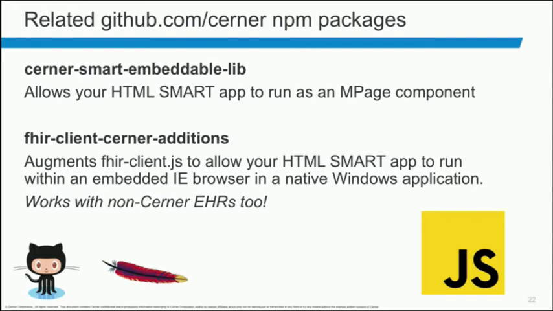The other good news is that dropping this library in doesn't harm your application at all. So even if you weren't running within a Cerner environment, you could still drop this in, and it just changes the behavior of the FHIR client JS library to work around this issue. So it's something you should really consider, and it's required if you're going to work within Cerner's EHR. But we thought that everyone's going to find this useful, so we open sourced it and wanted to make it available to everybody.